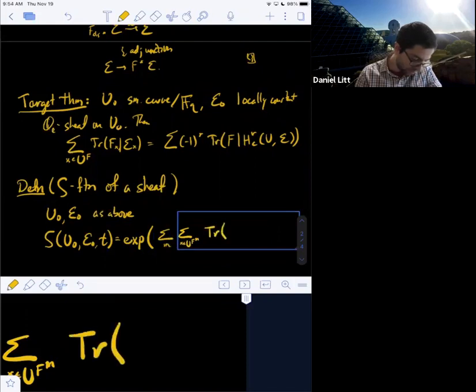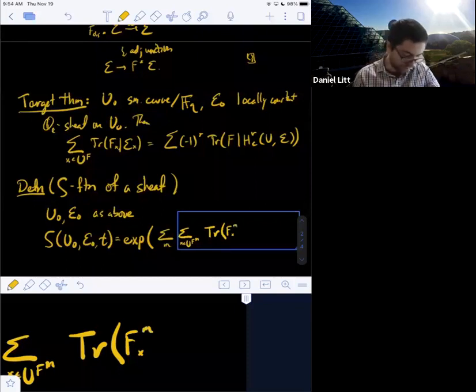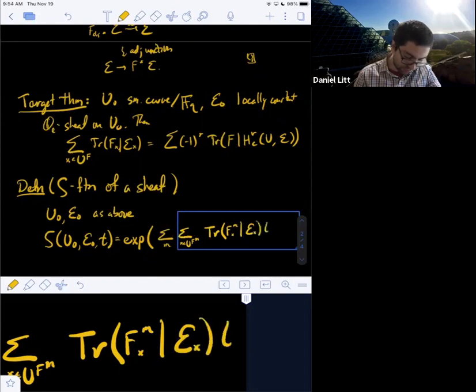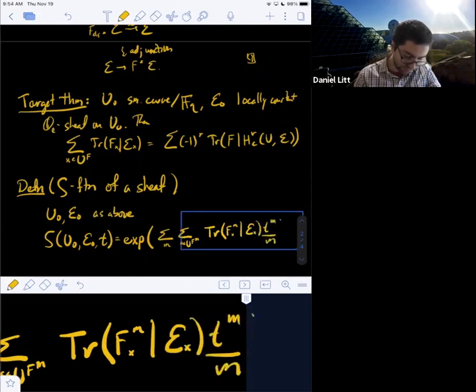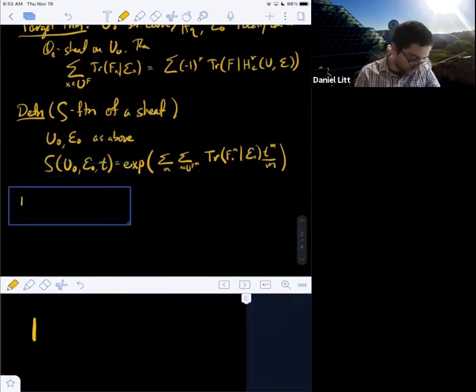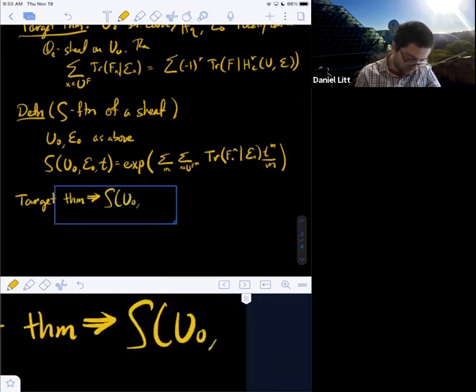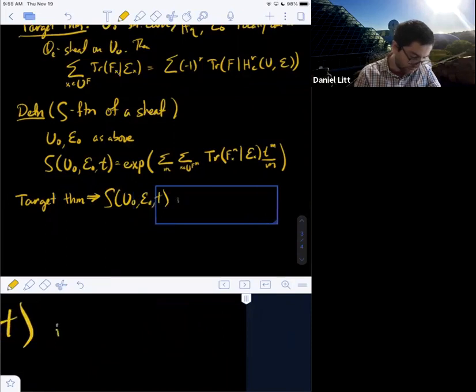We take the trace of F_x^m, which means the q^m Frobenius on E_x, and then times t^m over m. And the main point of this definition is that the target theorem implies that this zeta of U naught, E naught, t is always rational.